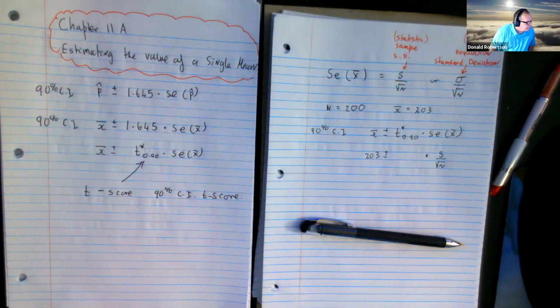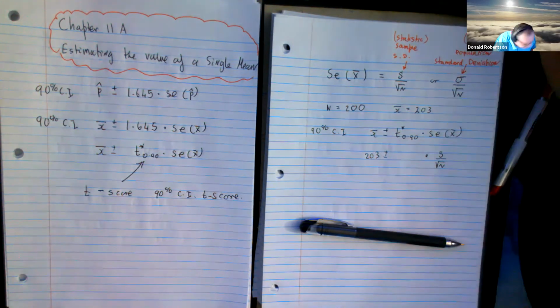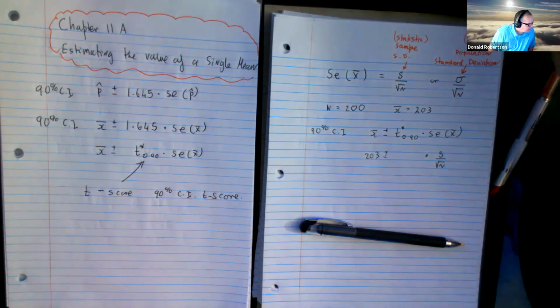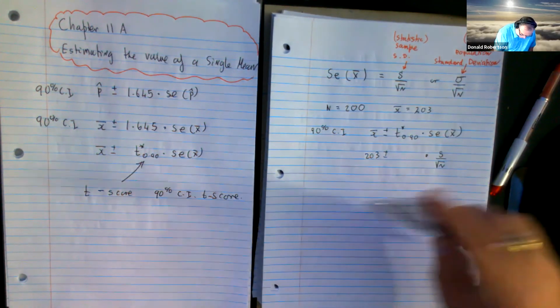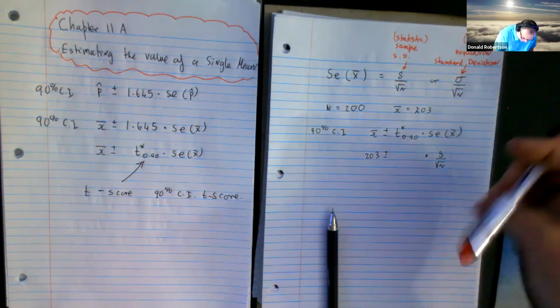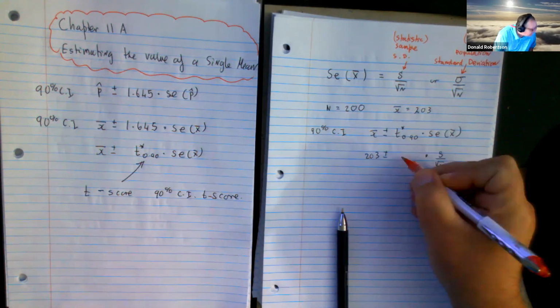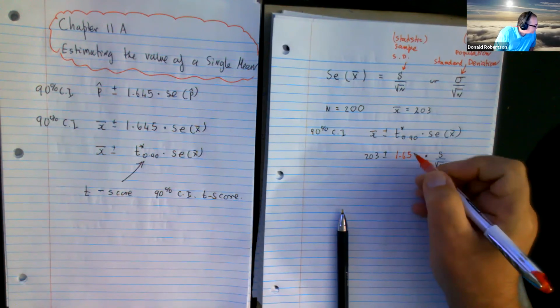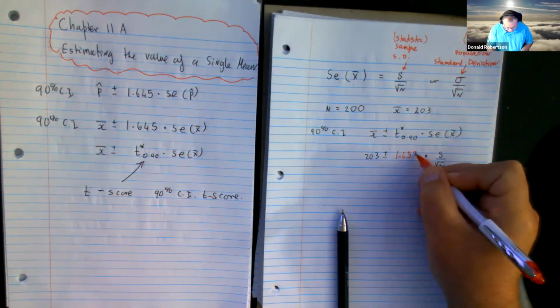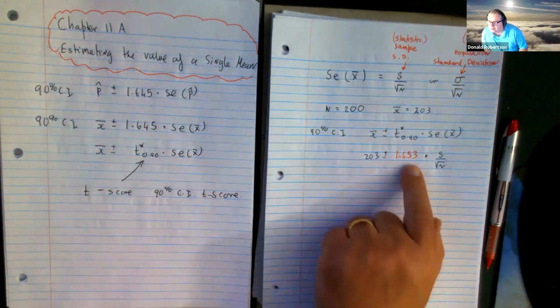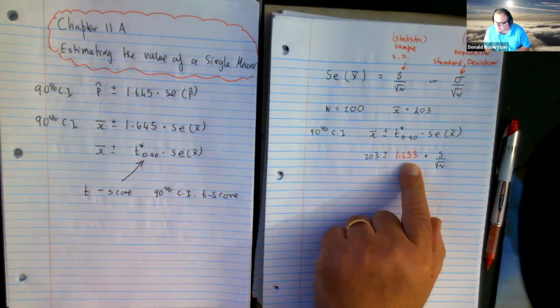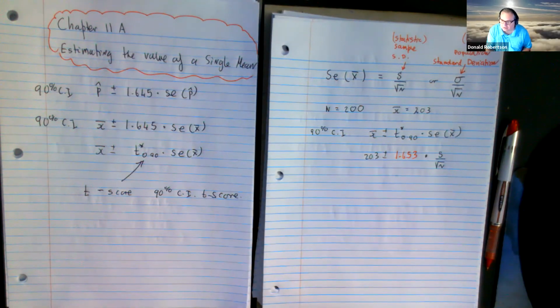So I'm just busily typing some stuff in here. And the number that I got, this magic number for T, is 1.65. And I'll be a little bit more accurate. It's 1.653. Right, so do you notice that it wasn't quite 1.645, but it's darn close to it, right? And right now it's magic. I'm just telling you that's what this number is. Later on, I'll show you how to find it.